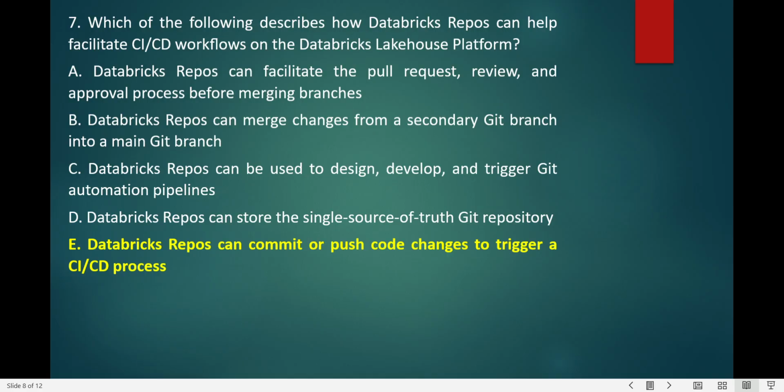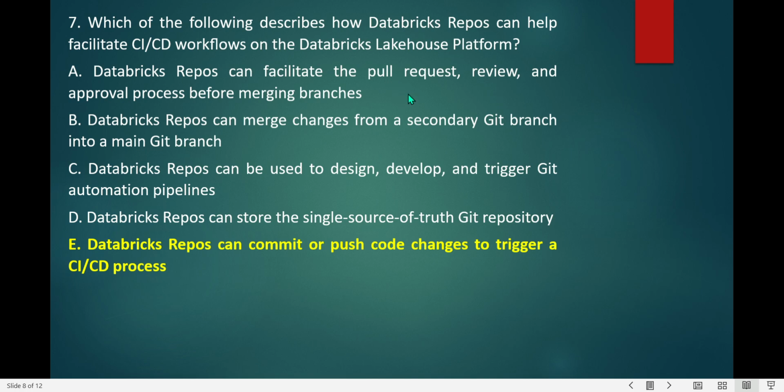So, coming to the given options, when a user commits or pushes changes to a linked Git repo, it triggers an external CI/CD process. So the correct option is that Databricks Repos can commit or push code changes to trigger a CI/CD process.